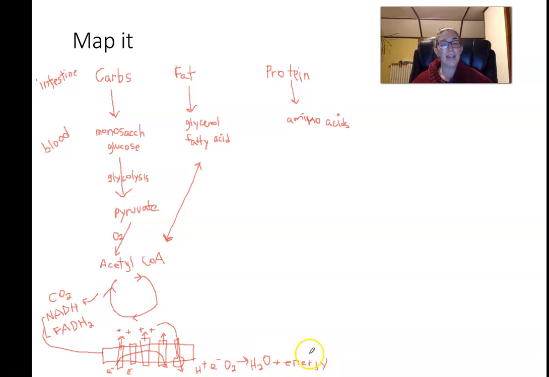All right, and the energy from this reaction ends up getting coupled with this reaction here, ADP plus free phosphate. That's a P, to form ATP.